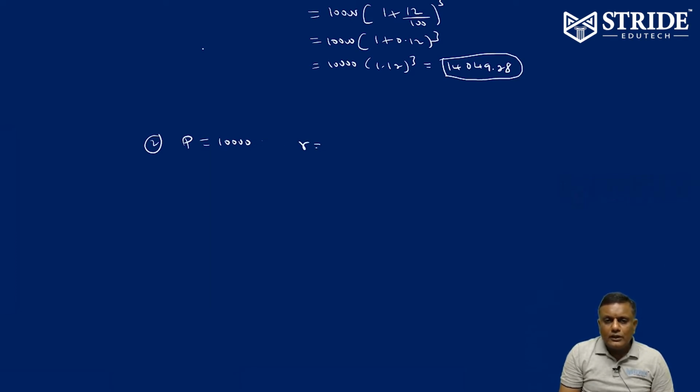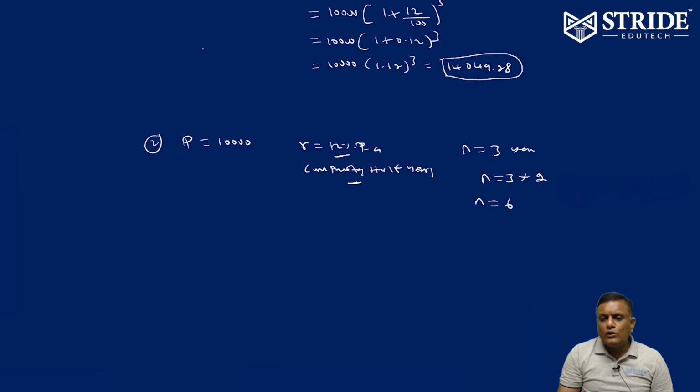Rate of interest 12% per annum, but compounded half yearly, which means every 6 months the interest is accruing. N is equal to 3 years. In 1 year, how many 6 months? 2. For 3 years, 3 into 2, that is equal to N is equal to 6 half years.